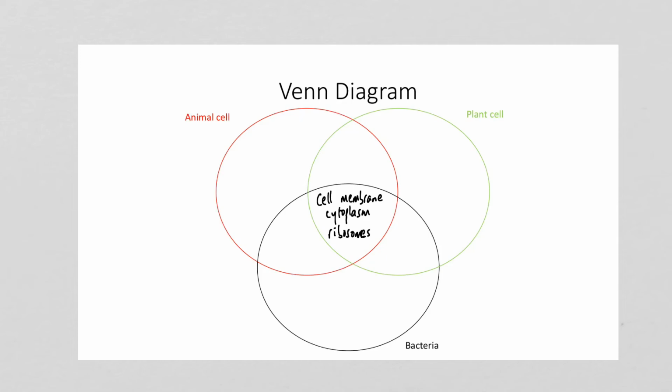Plant cells have a permanent vacuole, as well as chloroplasts. Plant cells and animal cells share two structures that the bacteria don't have, the nucleus and the mitochondria.